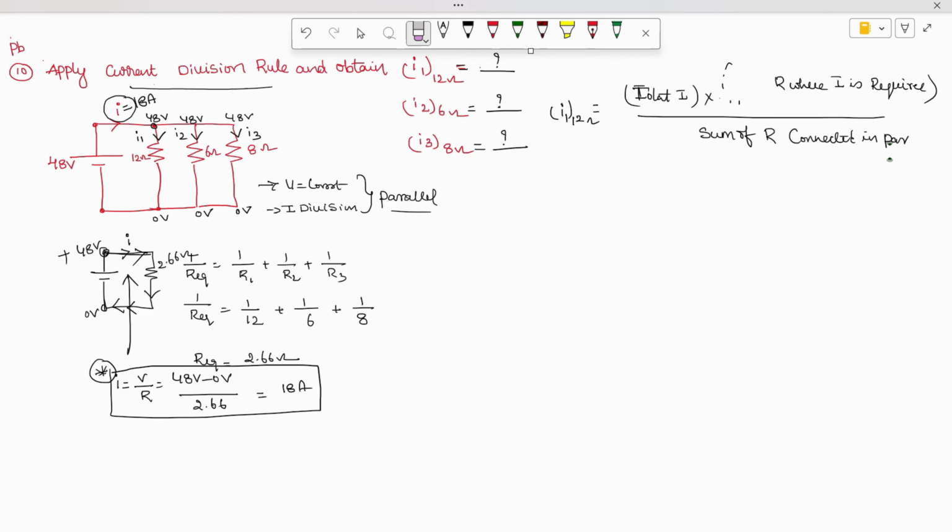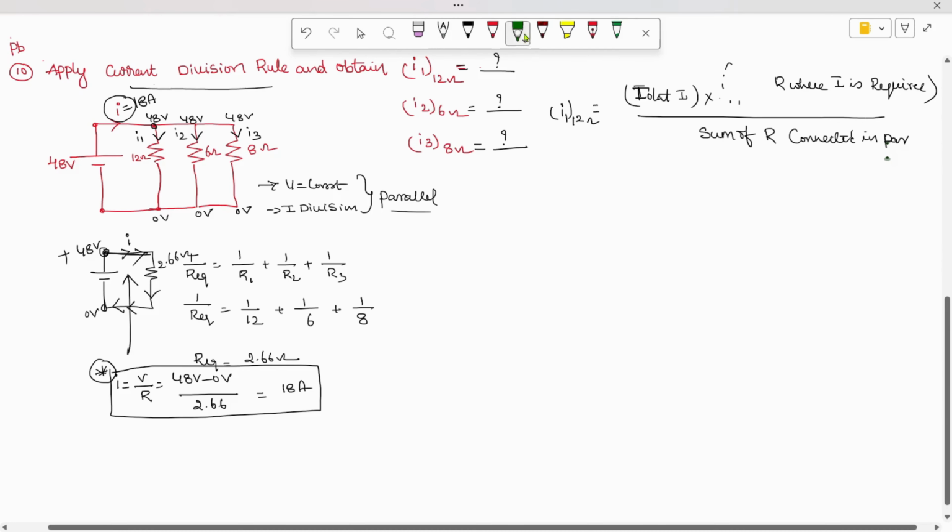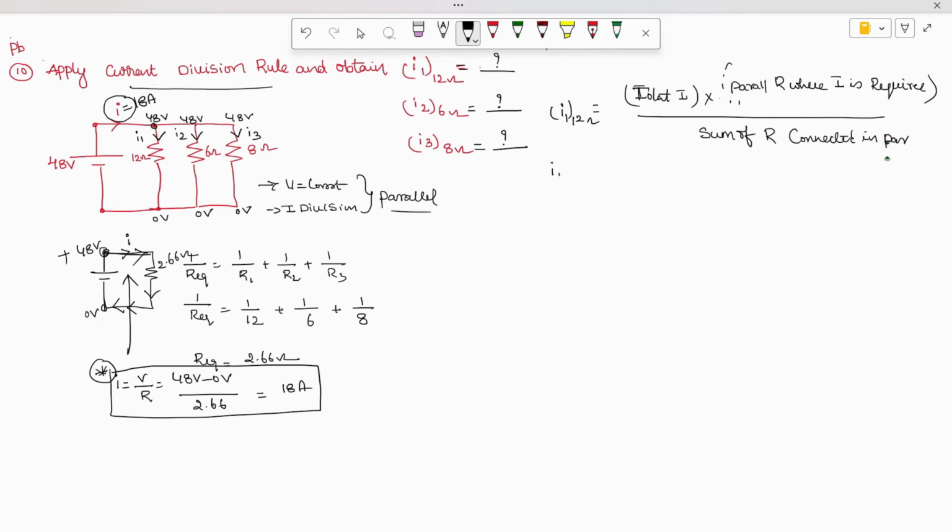If you write down parallel, you cannot understand, so just write down parallel resistor. So this is the formula to calculate.